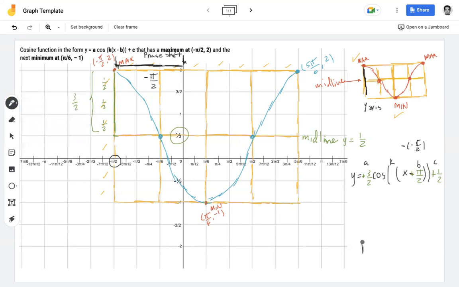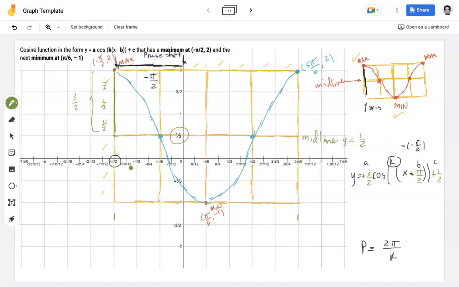And finally, we need to find the period to figure out the k. We know that the period is equal to 2 pi over k, and k is this value. You could use different names for that variable, but as long as you identify which value we're talking about, it doesn't matter if you call it k or b or anything you want. Now, this graph is going from here all the way to here.